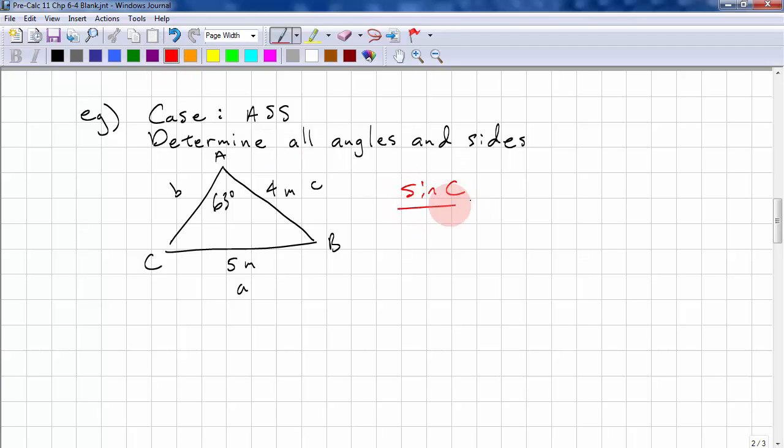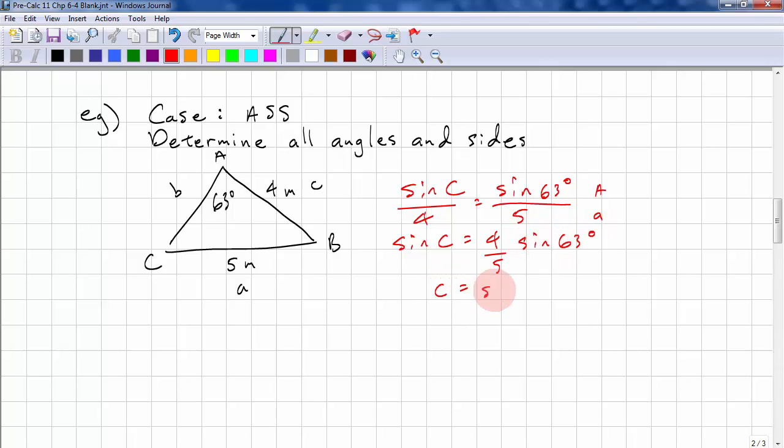Sine C over 4 equals sine of A, 63, over 5. Sine C equals 4 over 5 sine 63 degrees.